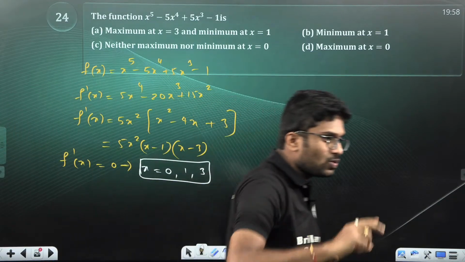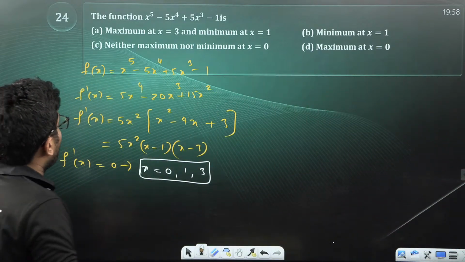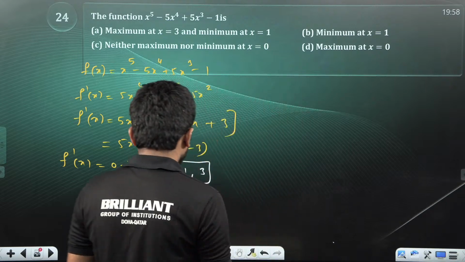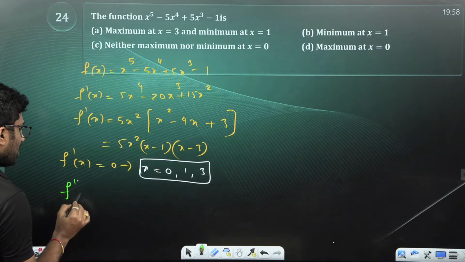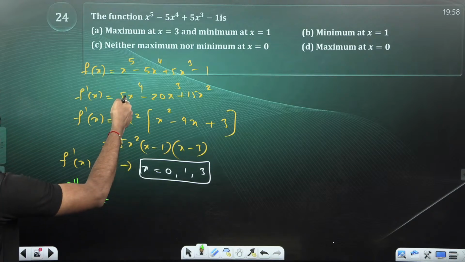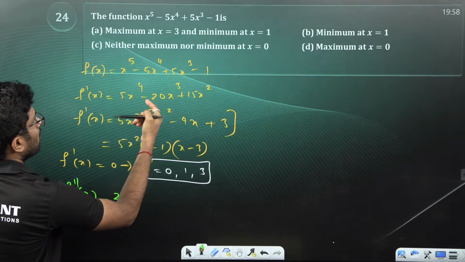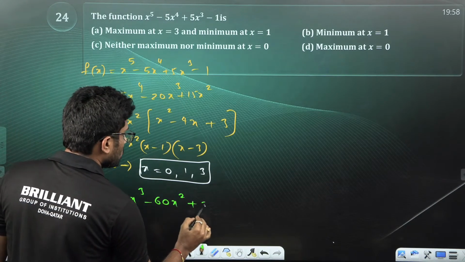Now you have to use the second derivative test. A maximum at 3, minimum at x equals 1. Now we'll see, Hanna. First find f double dash x. What is f double dash x, boss? Find it from here: 5 4s are 20x cube minus 2 3s are 60x square plus 15 2s are 30x.